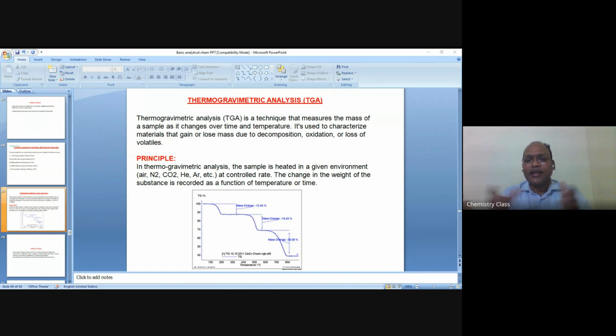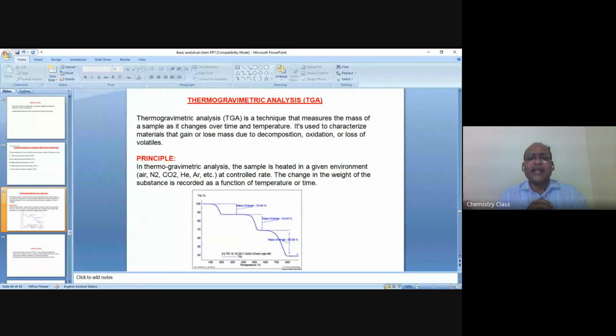This is both oxidation and reduction, a disproportionation reaction. When you provide the temperature, decomposition happens, oxidation and reduction happen, and the mass decreases.